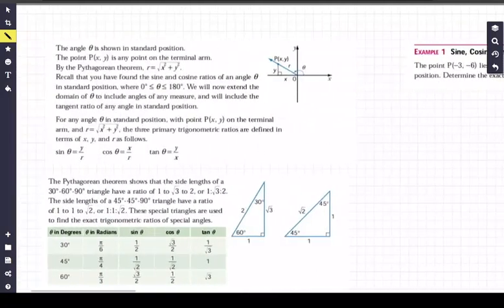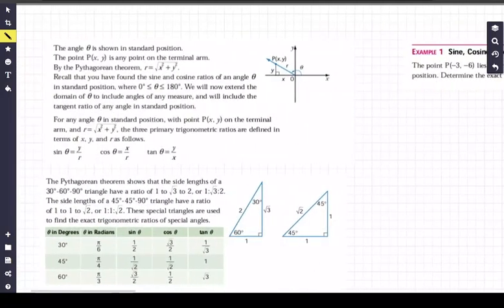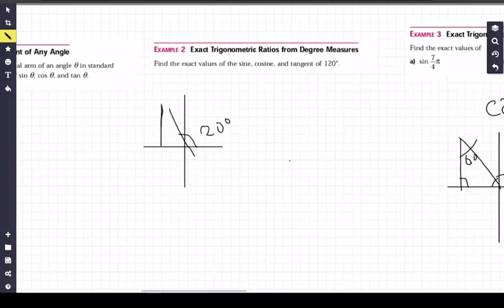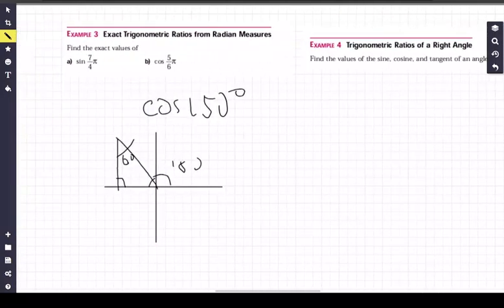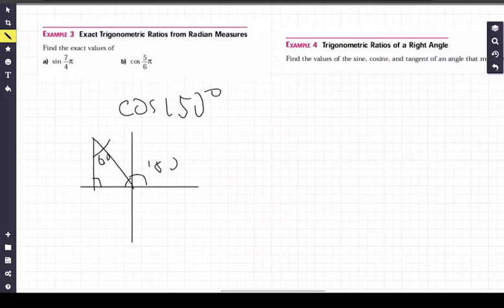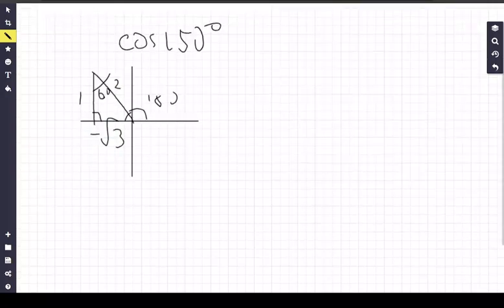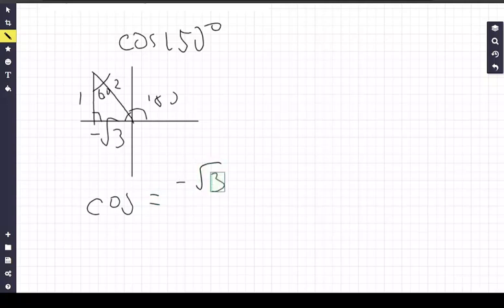So now if we have 30 on the bottom, we'll have 1 here, and we'll have 2 here, and we'll have -√3 here, because we're in the negative x value. So let's find the cosine of that. It's going to be equal to adjacent over hypotenuse, -√3 over 2. And that is our answer.